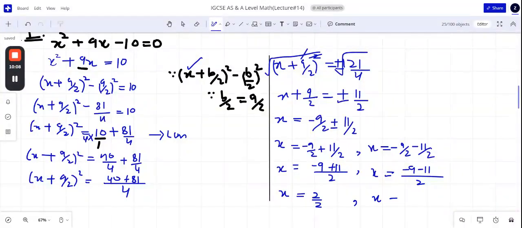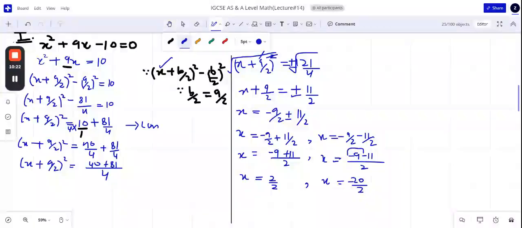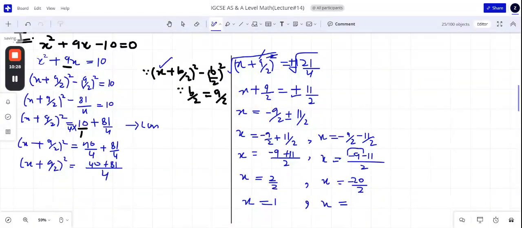And the second, x equals minus 9, minus and minus makes plus. 11 plus 9 is 20, and both have a negative sign, so we will place a negative sign here. The x value would be equal to 1, and the other x value would be minus 10. So at the end we got the solution for x: minus 10 and 1.